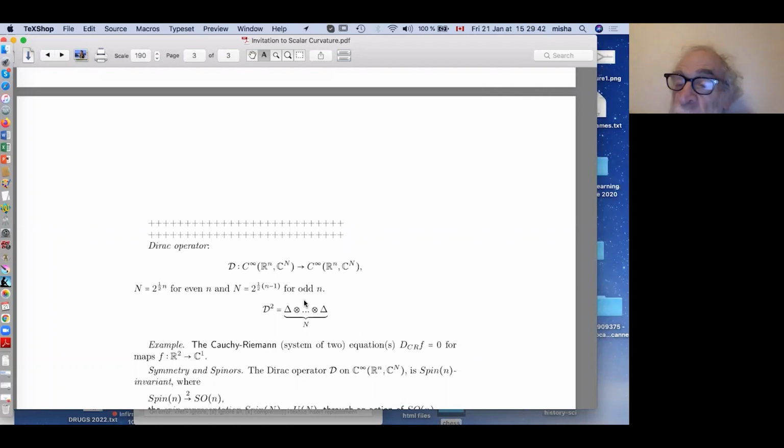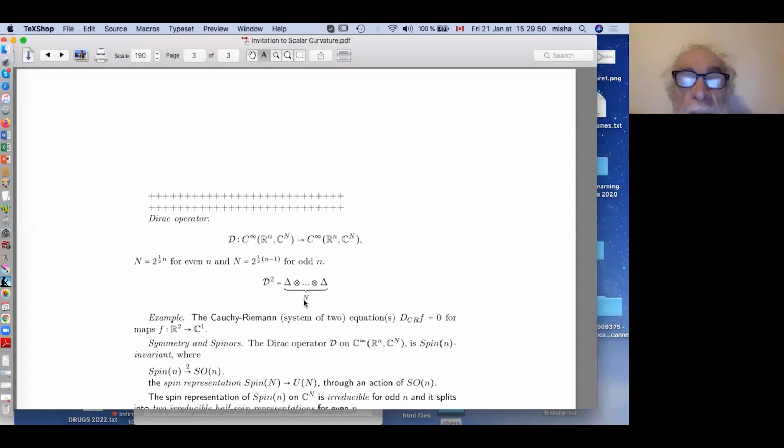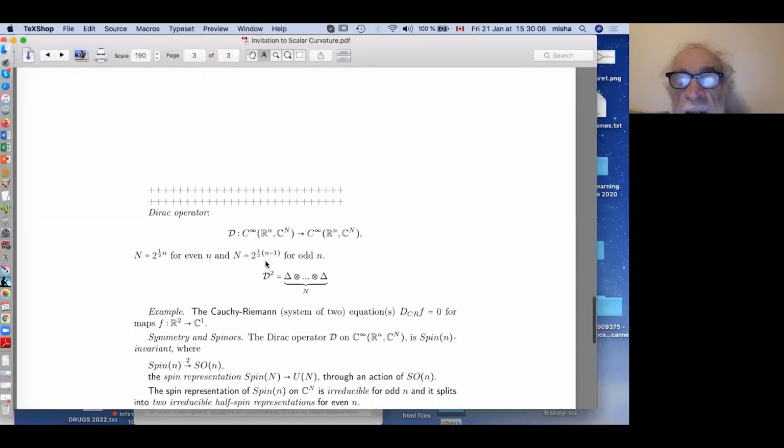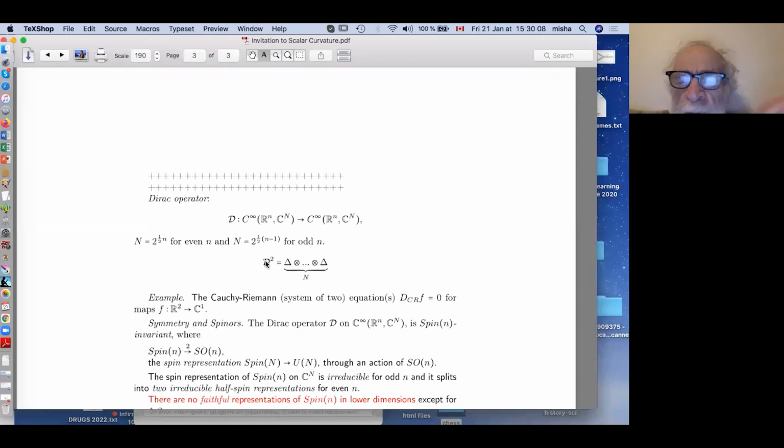However, the Dirac operator was invented by Dirac, but it was a long time after Clifford, of course, the complex numbers. So there is a remarkable operator, discovered by Dirac, which works on complex-valued functions on Euclidean space of this dimension, which I indicated, so a big dimension, a power of 2.